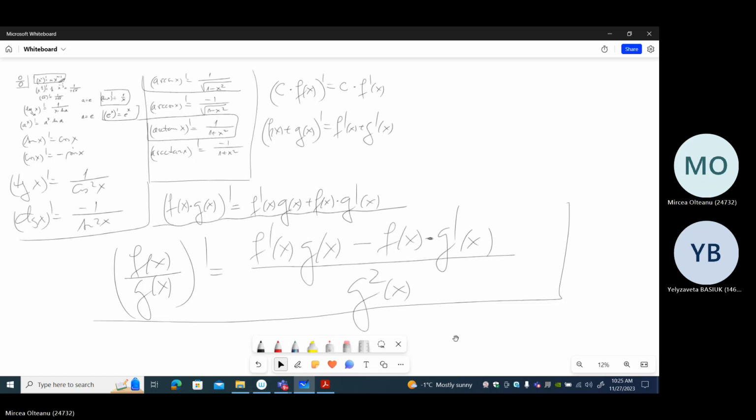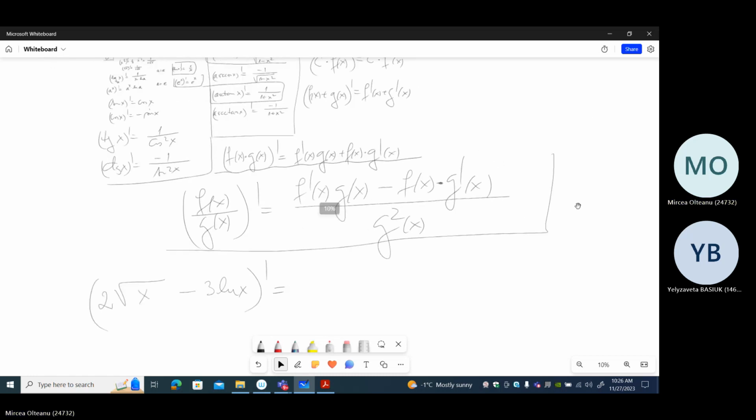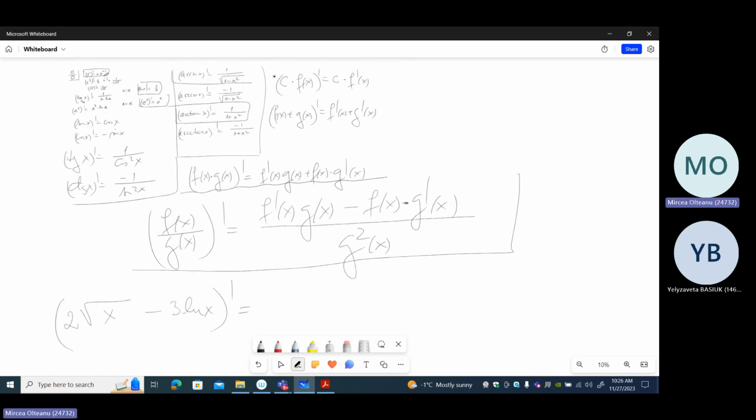For example, if we need to compute the derivative of 2 root of x minus 3 logarithm of x, we shall use at the same time these 2 formulas. Yes, the constants go in front of the derivative, and the derivative of the sum equals the sum of the derivatives.